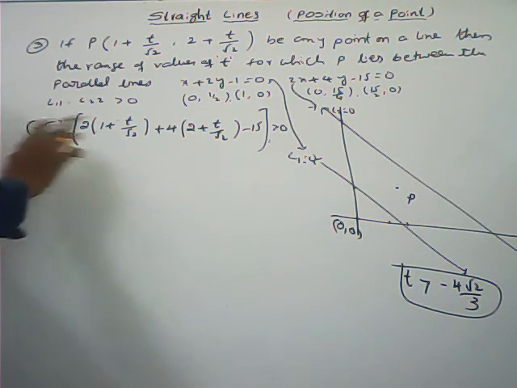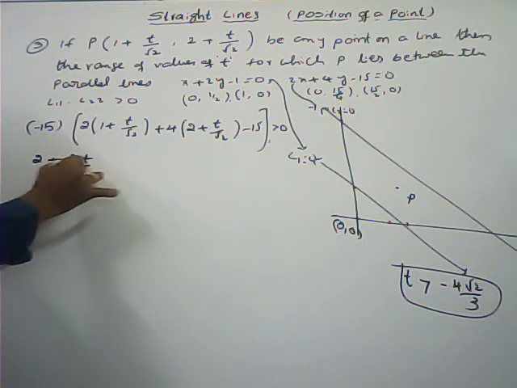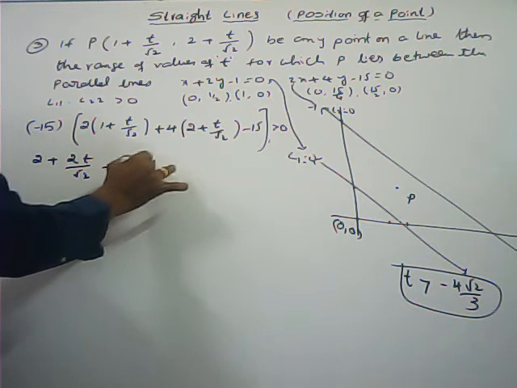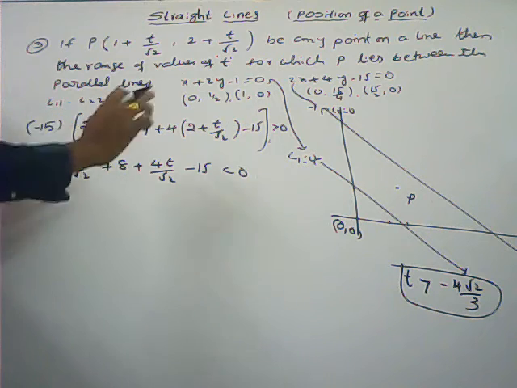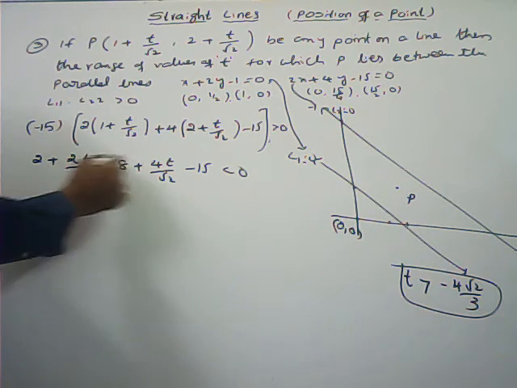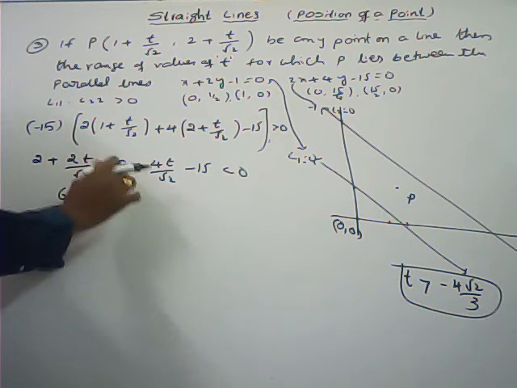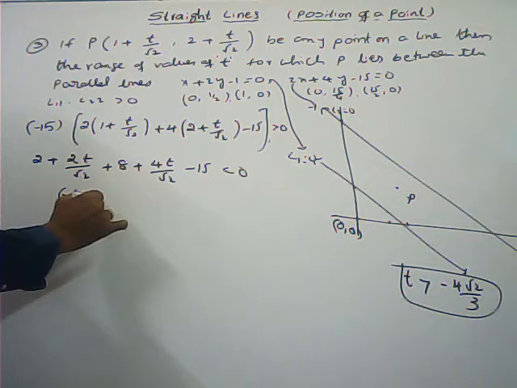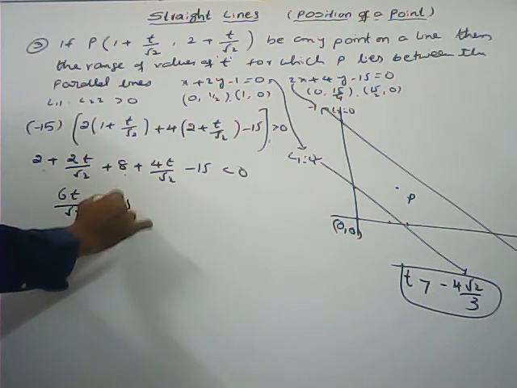Here also, dividing with minus 15: 2 plus 2t by root 2 plus 8 plus 4t by root 2 minus 15 is less than 0. Here I divided with minus 15. Whenever we multiply or divide with a negative quantity, at the same time we have to change the inequality sign. Greater than becomes less than, less than becomes greater than. 4 plus 2, 6t by root 2 plus 10, minus 15, minus 5, less than 5.